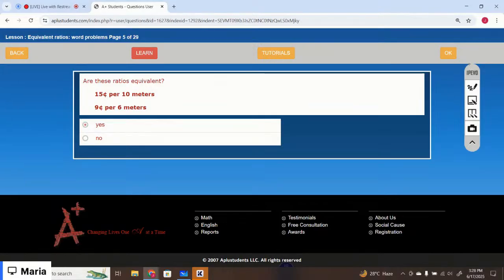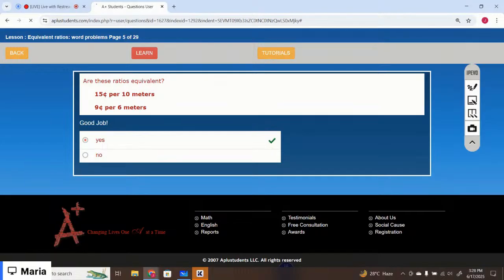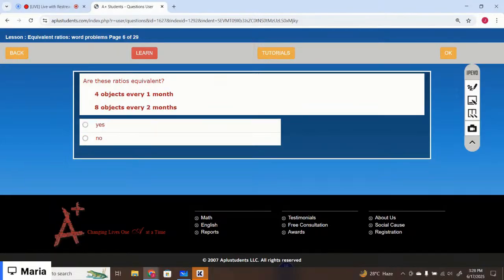Option number one is the correct option. Four objects every 1 month and 8 objects every 1 month.